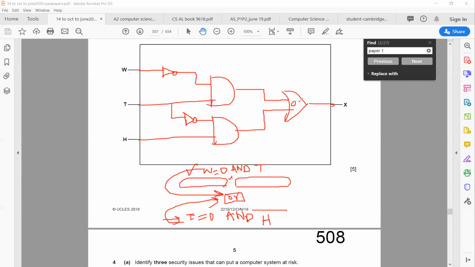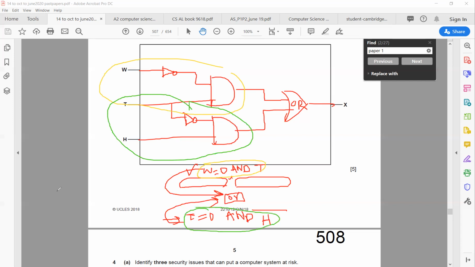So OR is in between. So this represented the first part, ये वाला जो था, and ये मैं दूसरा इससे बनाता हूँ. T was common. ठीक है. So this was the other part. So this is how you can draw a logic circuit from a given statement. Okay, got it?